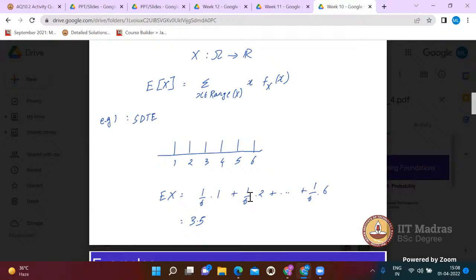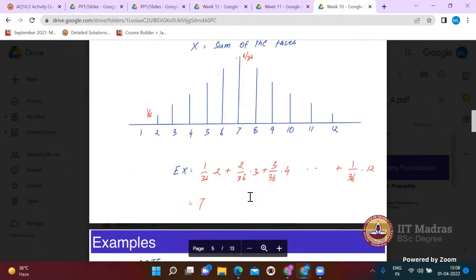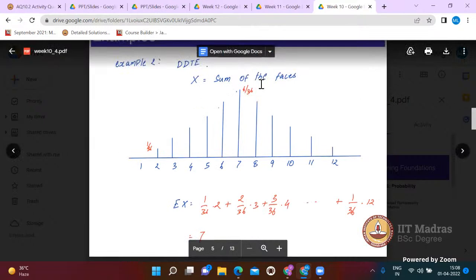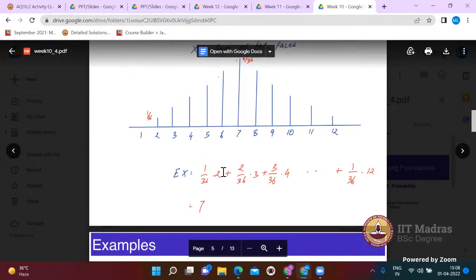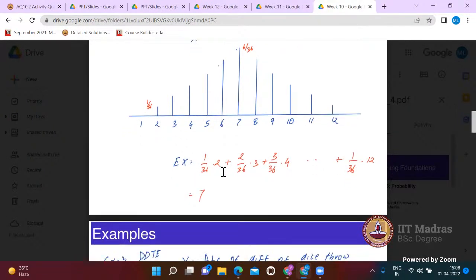Expectation can be calculated simply, and for all the different distributions the expected value will be there. For example, if I'm throwing 2 dice, and we have to get the sum of the faces, the expectation would be 7. The sum of the numbers that I'll get on the front faces of the 2 dice will be 7.